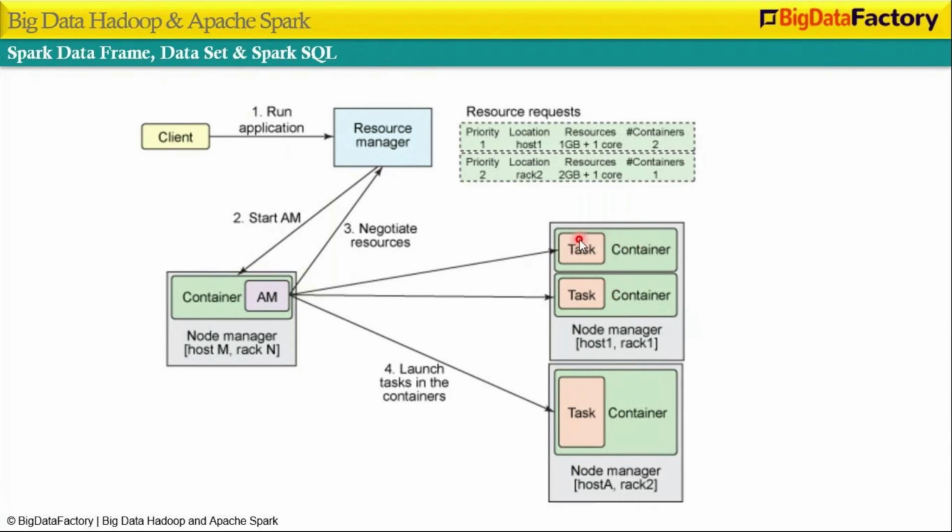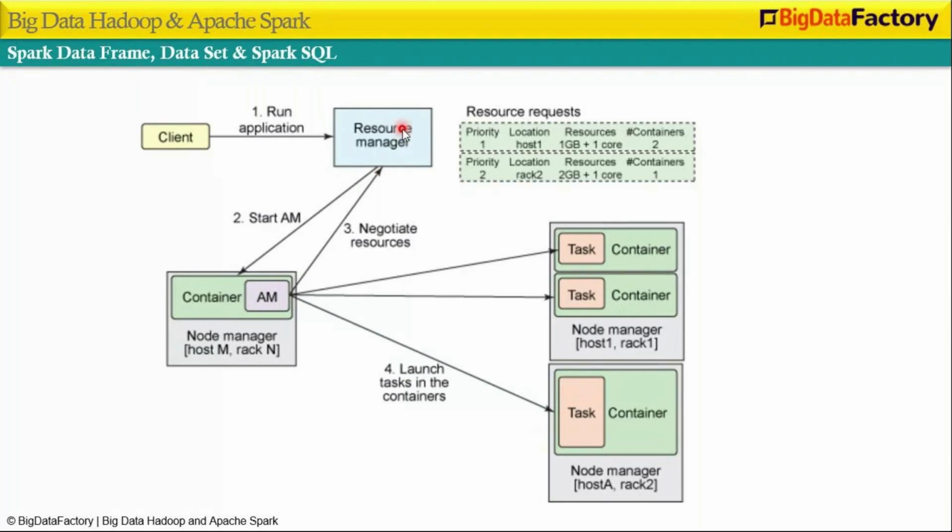One change which has happened here is that this application master will start monitoring that particular job, and once the job is completed, it is going to inform the client.